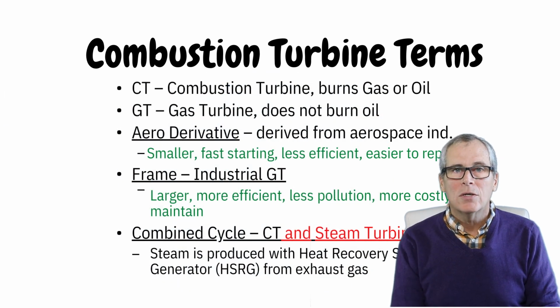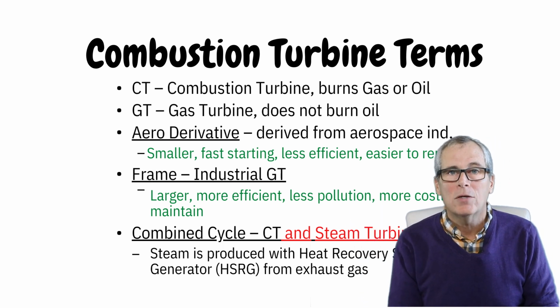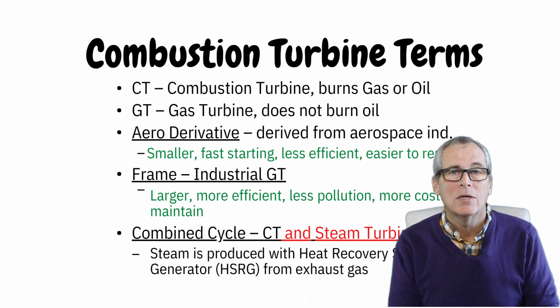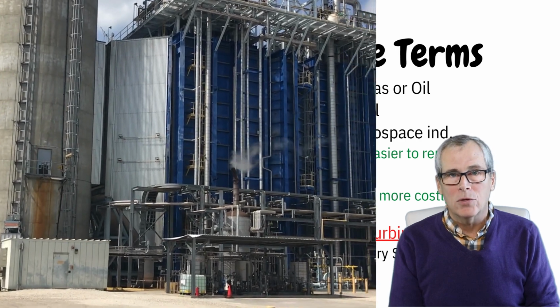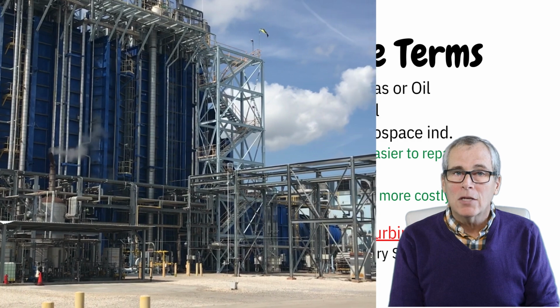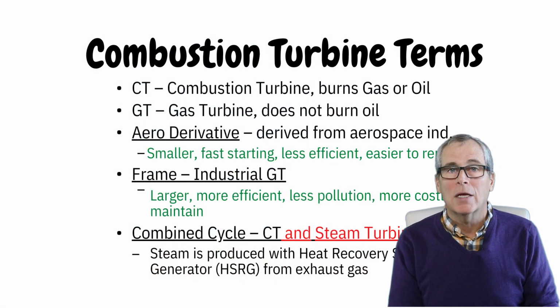They're not as efficient, but they're easier to repair. Sometimes you can have an entire super core sitting on site ready to swap if you had a failure of your original machine. The frame machines are larger and much more efficient, so they make less pollution. A machine that is more efficient is burning less fuel to make the same amount of electricity, and if a machine is burning less fuel, it's making less pollution.